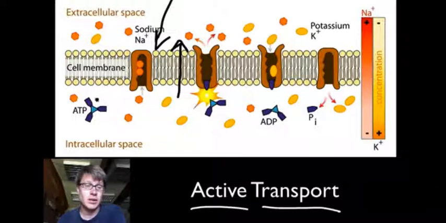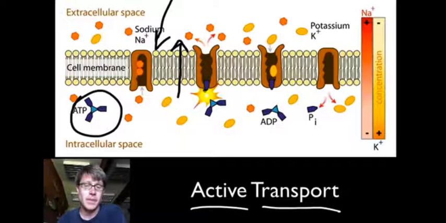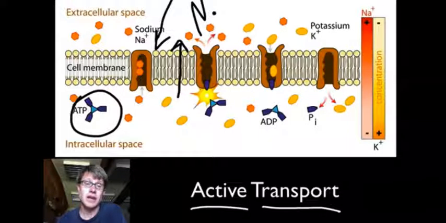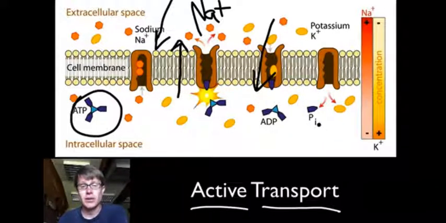And so you can see right here that we have adenosine triphosphate attaching a phosphate to the sodium-potassium pump, and as it does that, it causes a change in the shape, which is moving the sodium to the outside. It's moving the potassium to the inside, and then we have to use more ATP to do that. So it's a constant supply of energy required to maintain that sodium-potassium pump.